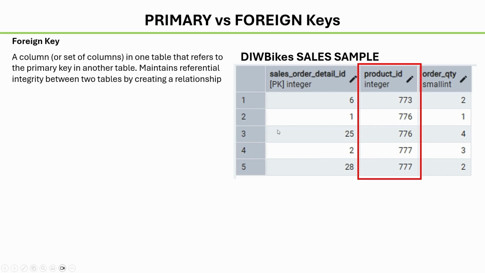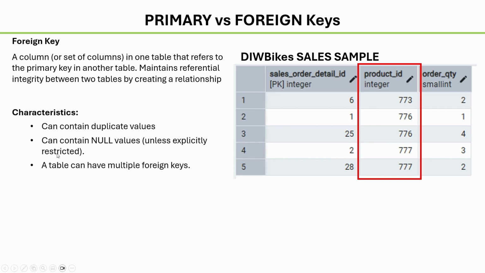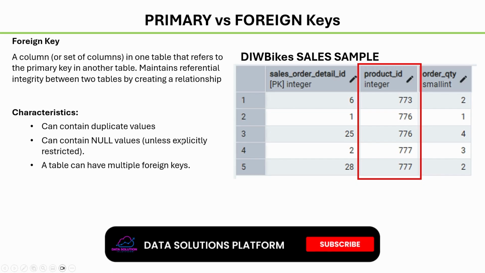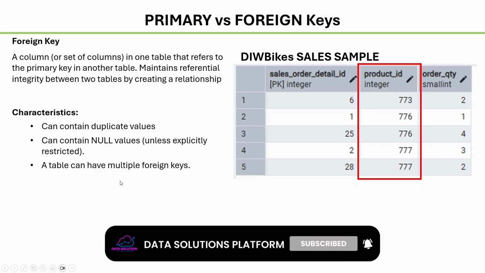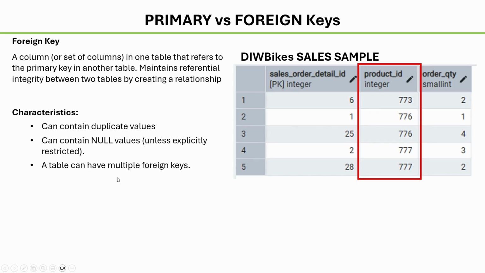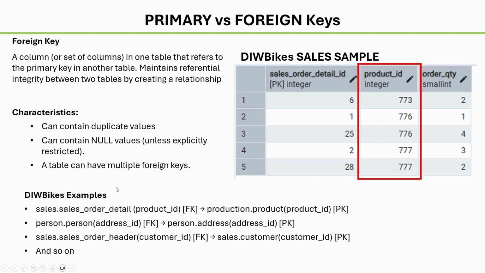So what are the characteristics of a foreign key? Some of the characteristics we should check for are that it could be unique, but at the same time it can contain duplicate values. It can also contain null values, and a table can have multiple foreign keys. We're going to see some examples on our current data in the lab.